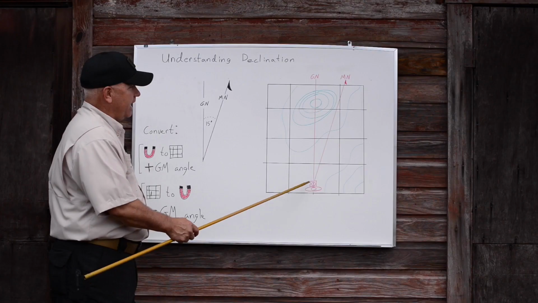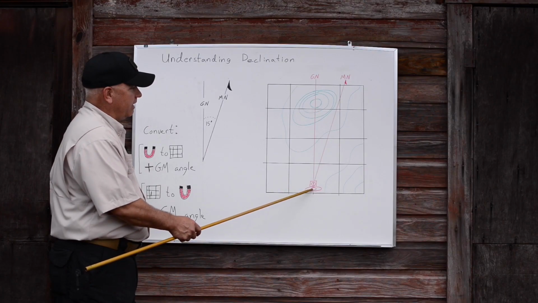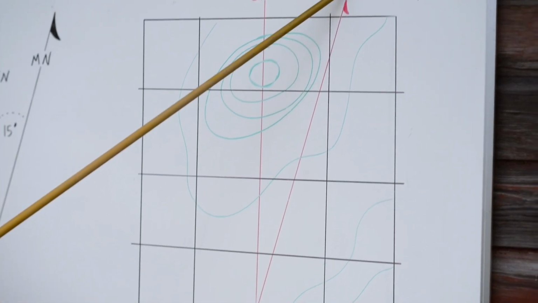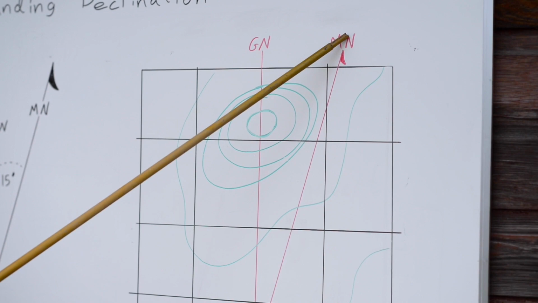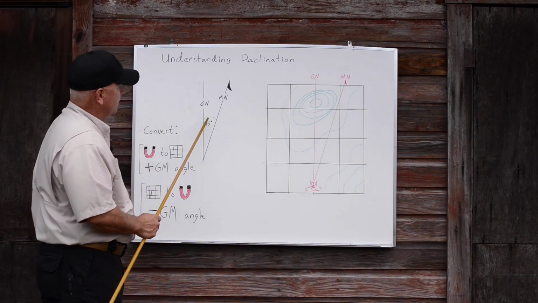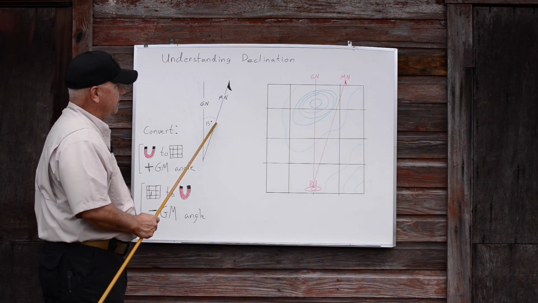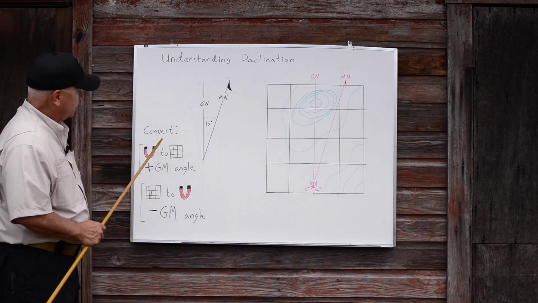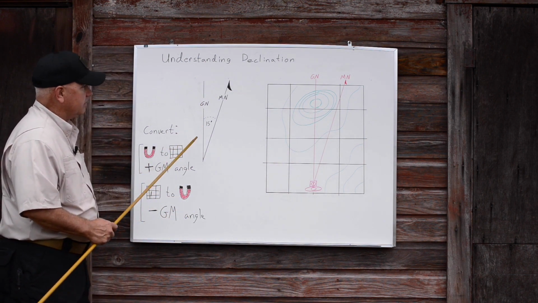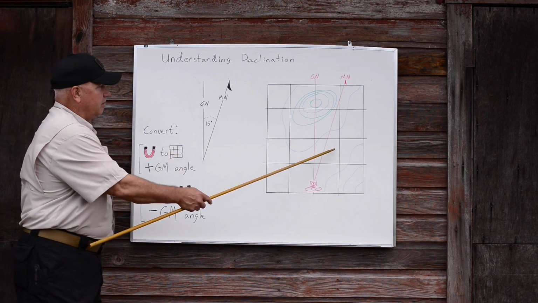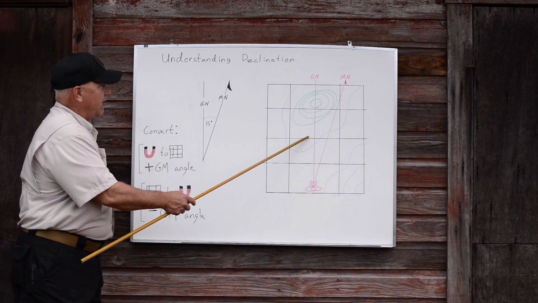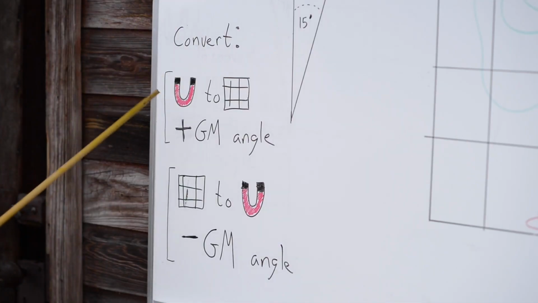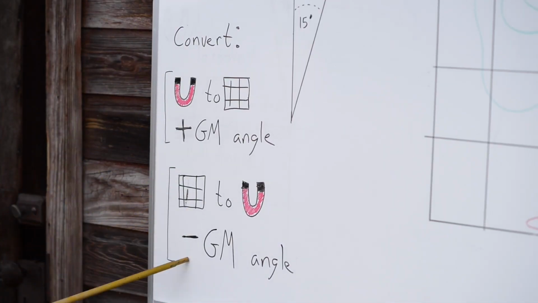However, if you were standing at the same exact spot on the ground as this little guy right here, with your compass, you would actually be looking out across this area over here. Therefore, you realize you have a 15-degree declination between the 2 points. That's where you have to use these conversions. If you're trying to get your magnetic azimuth back to your grid, or your grid azimuth back to magnetic, you use the items listed here.